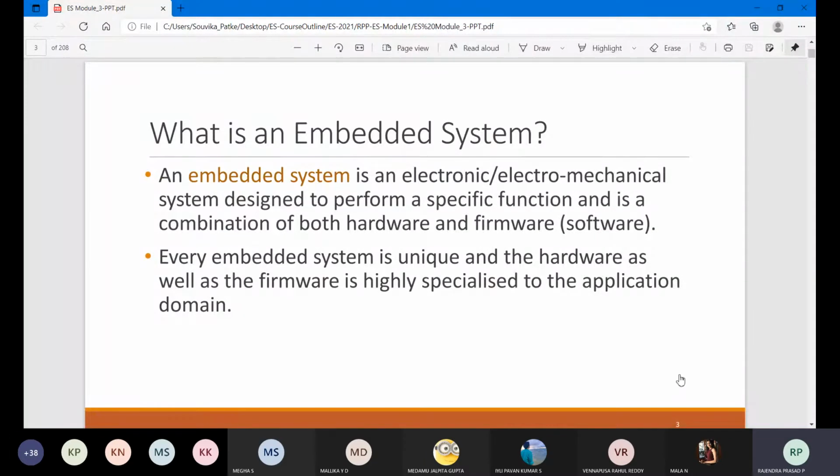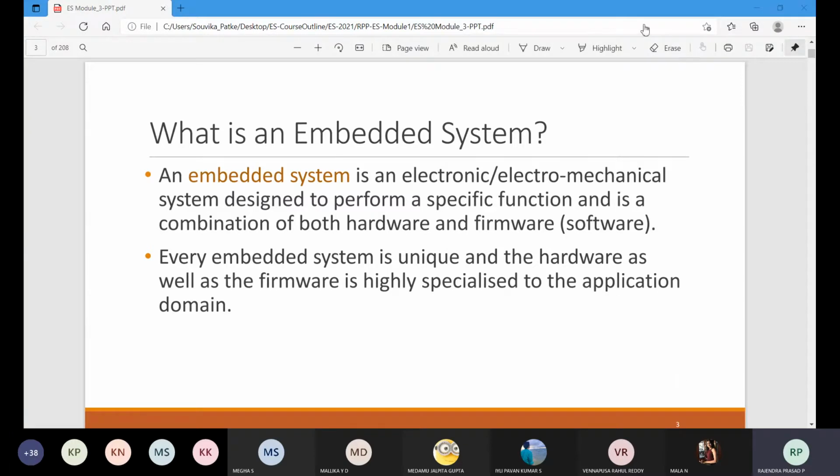We have two types: one we call general purpose evaluation mode and one is application specific evaluation mode. The general evaluation mode has all types of peripherals added, as you observed last year with the FPGA kit. This year you are going to use the LPC1768 kit, which is your ARM kit, for interfacing all your peripherals.